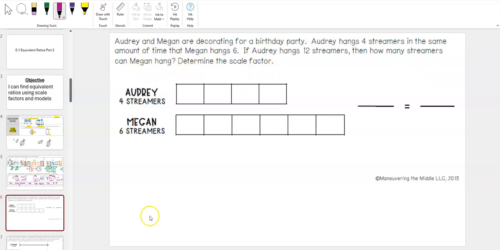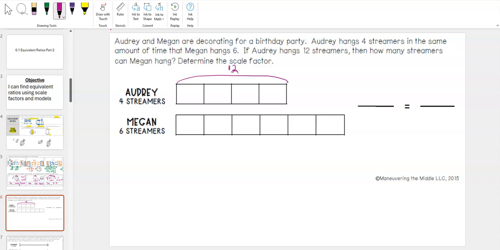Determine the scale factor. We're going to pretend that these are little streamers that we're hanging. So Audrey had 4 for every 6 that Megan can hang. Now, if Audrey hung 12 streamers instead, so let's say that this whole thing represents 12, we want to know how many Megan would hang.